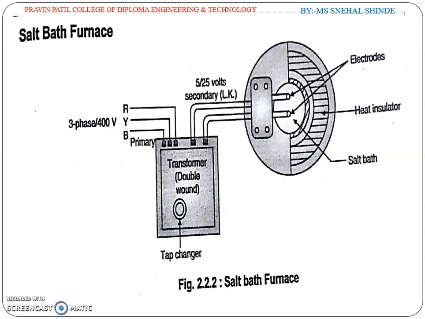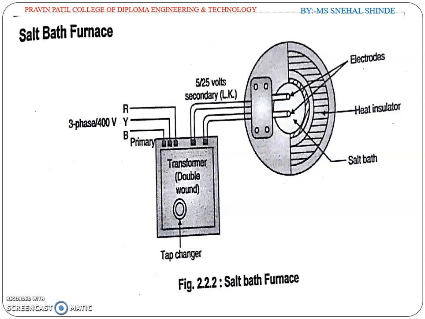So this is the diagram of the salt bath furnace. Salt can conduct electrical current. Electrodes are immersed in the salt, sodium chloride. The fusing point of the salt is 1000 degrees Celsius and it can be heated to 1500 degrees Celsius or more.